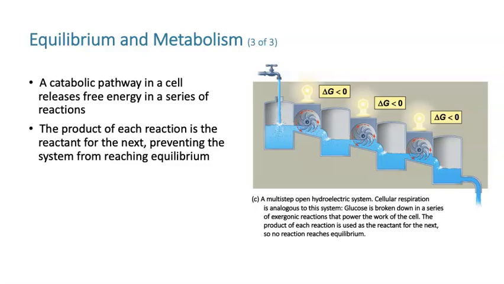Catabolic pathways in cells release free energy in a series of reactions, just like we got our input, so we're an open system, turning this turbine, it's going downhill, turning this turbine, it's going downhill, and so forth and so on. That's a multi-step hydroelectric dam. That's what our metabolic pathways look like. The product of each reaction is the reactant for the next step, and that prevents the system from reaching equilibrium.